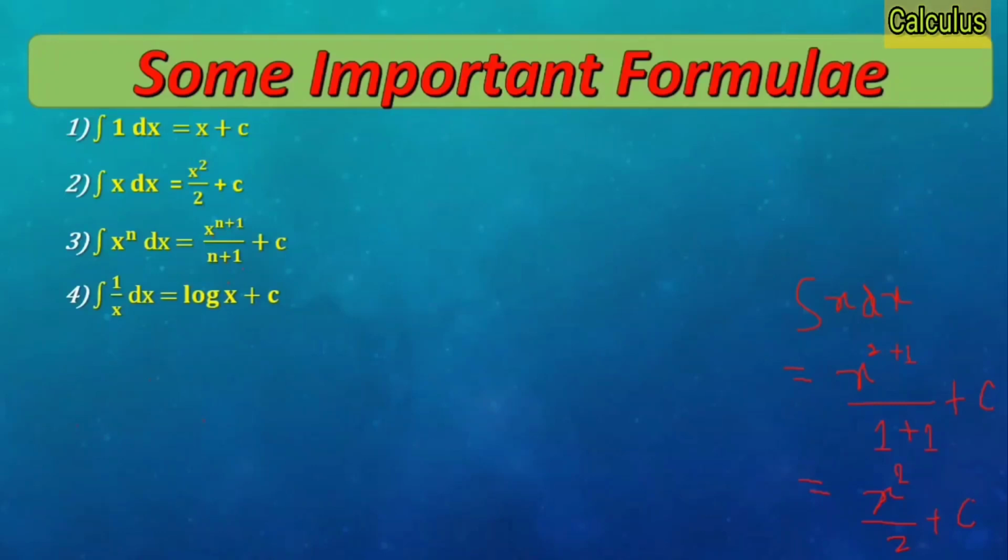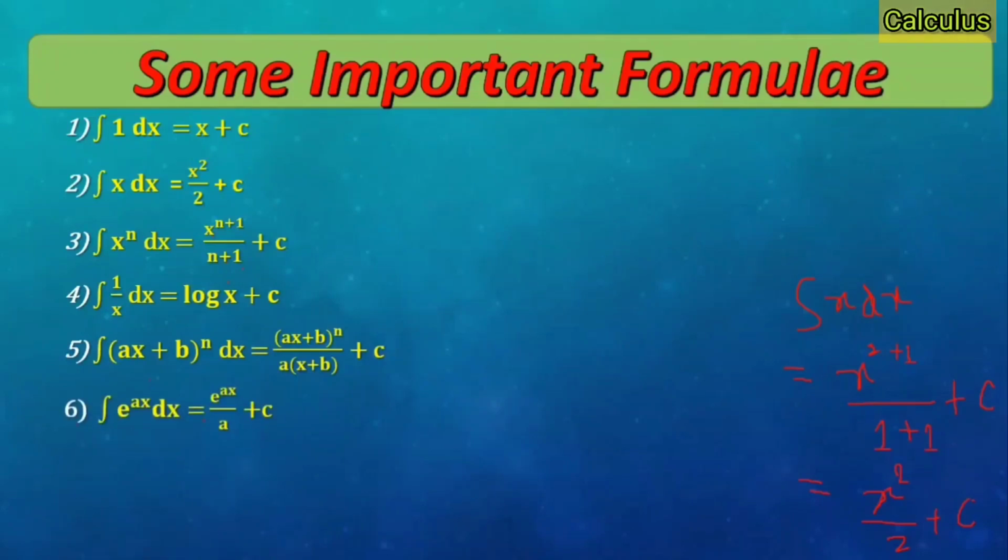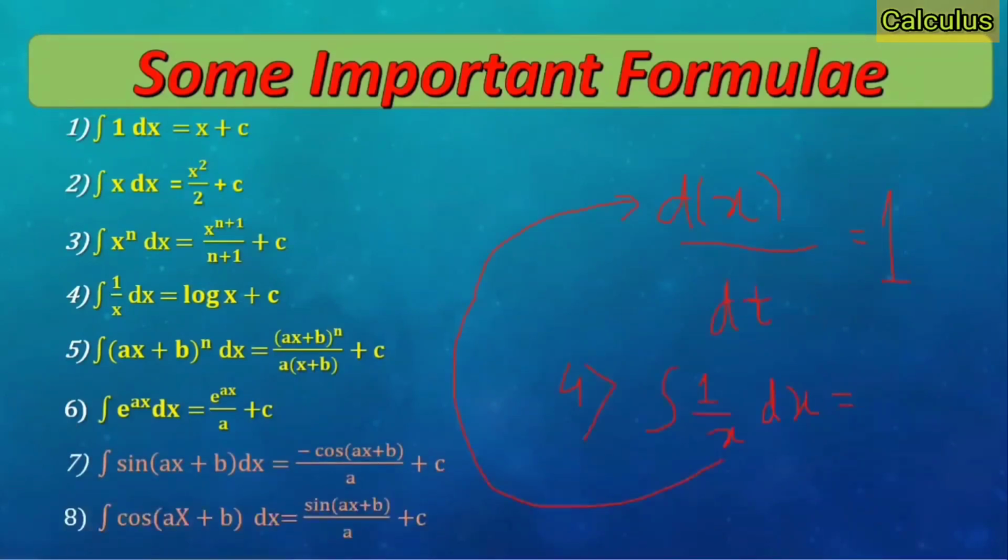In number 4, that formula is very important. Integration of 1 by x dx is equal to log x plus c. Integration of ax plus b to the power n dx is equal to ax plus b to the power n plus 1 upon n plus 1 by a plus c. In formula number 4 you can see 1 by x dx, where 1 is the numerator and x is the denominator.